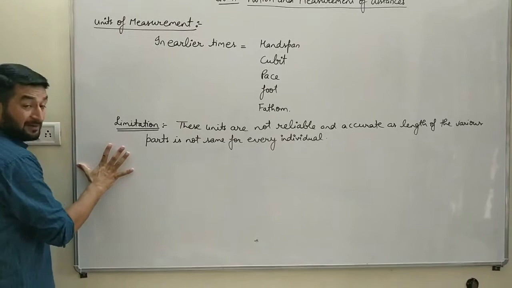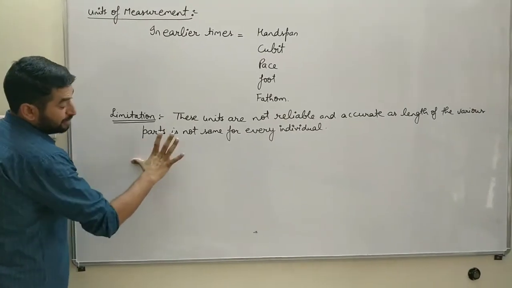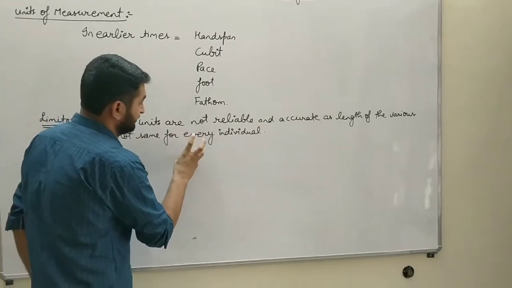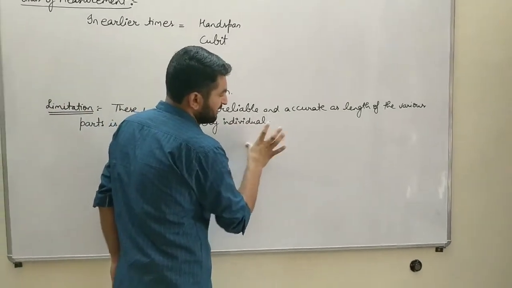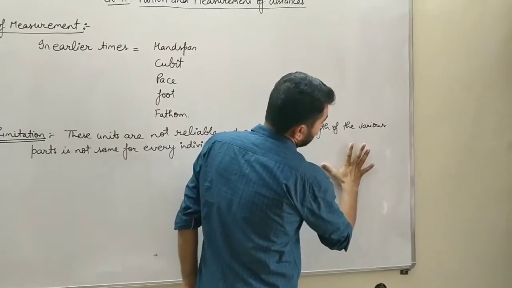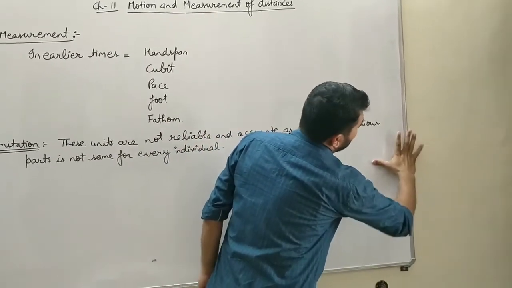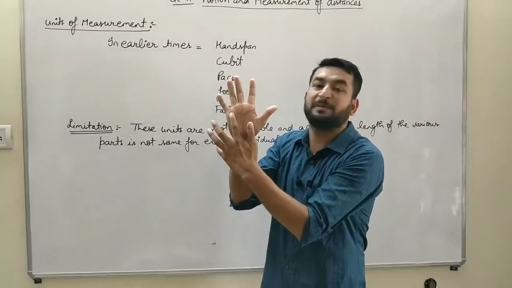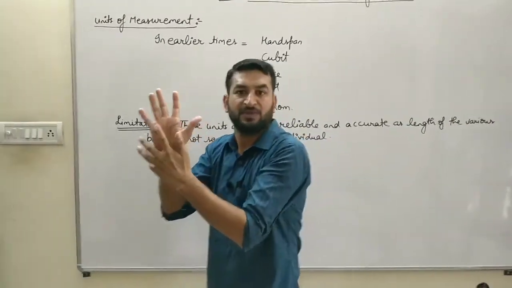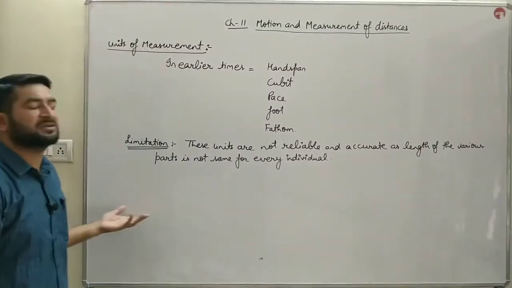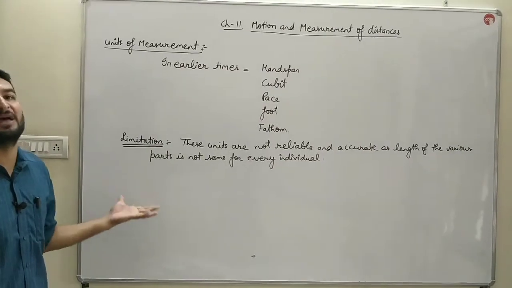This is 1 hand span. 2, 3, 4, 5, 6, 7, and 7.5. So till here the 8th hand span will be. So you can say this board is approximately 7.5 hand spans.